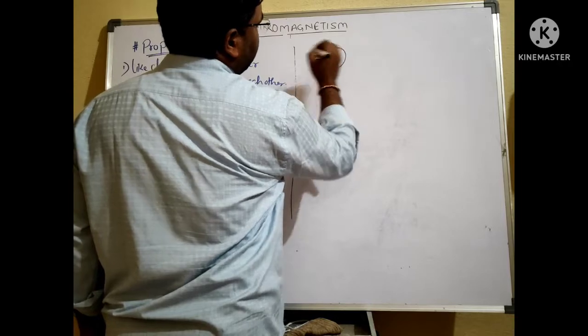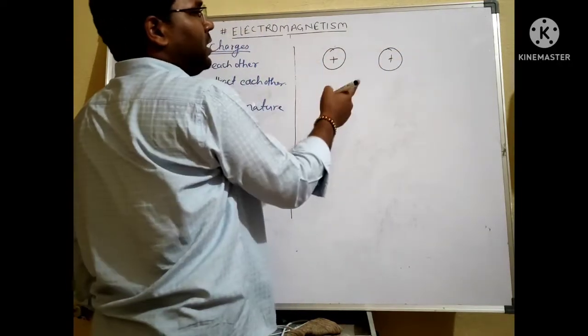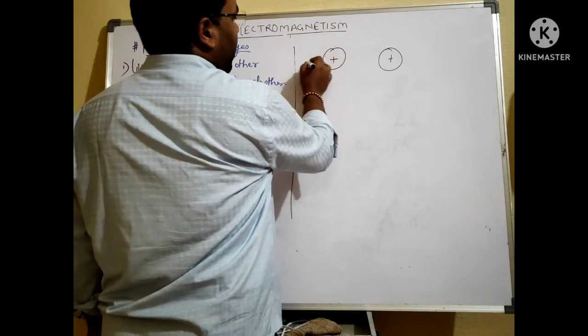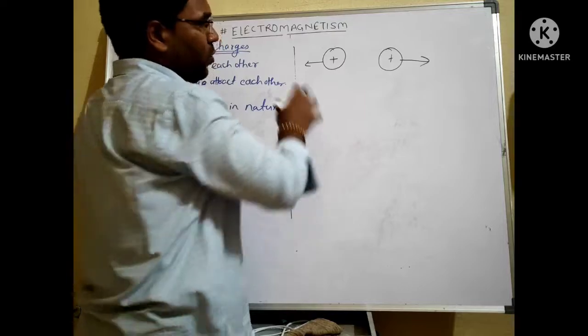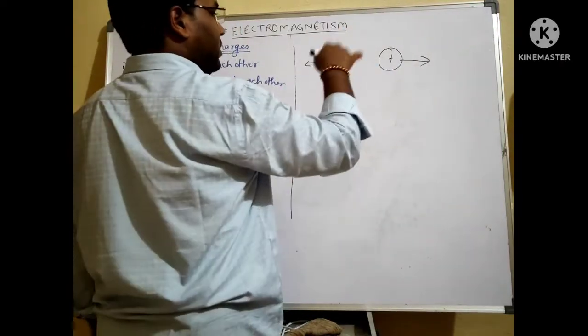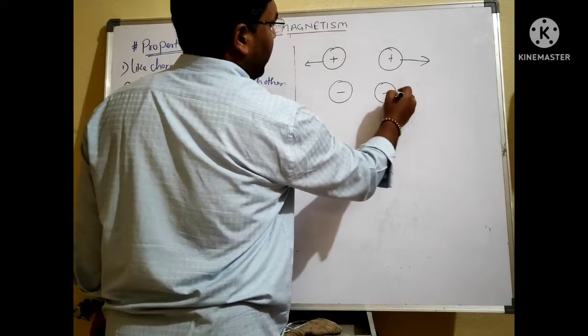Like charge means, let us consider positive charge. If like charges are kept together, they will repel each other and go away from each other. Similarly, if we give negative charges, they will again go away.